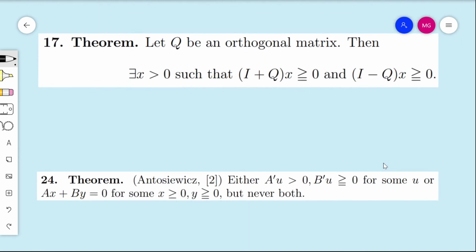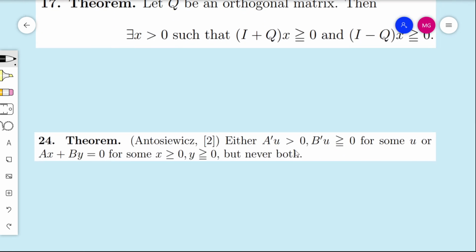And then finally, here's a theorem that looks a bit more familiar to what we're used to with Farkas lemma. The prime here is supposed to be a transpose. So either A transpose U is positive and B transpose U is non-negative for some vector U, or AX plus BY is 0 for some non-negative vectors X and Y, but never both.